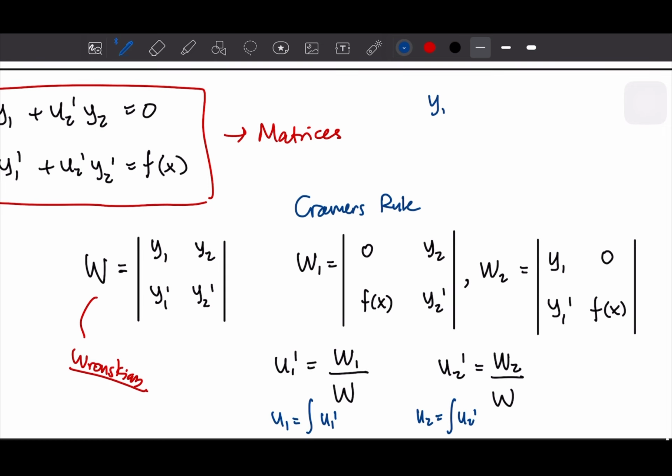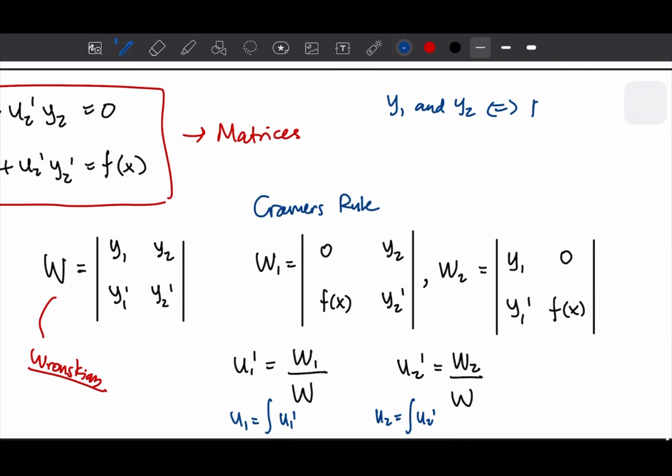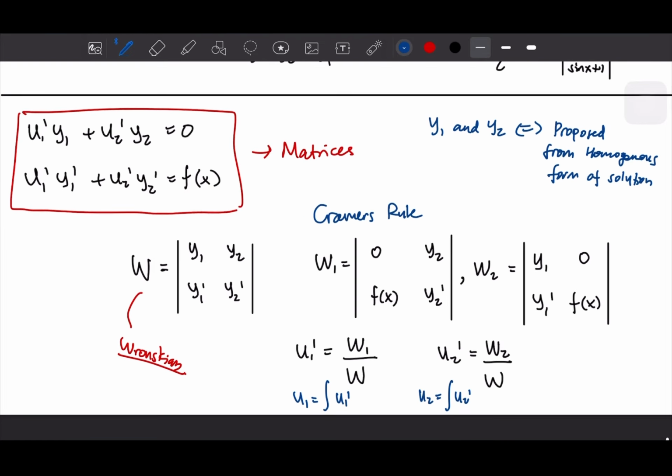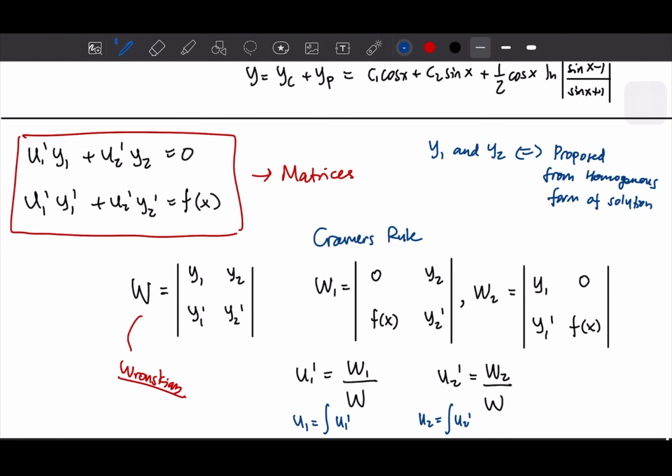And y1 and y2 come from the homogeneous form. Okay. Let me give you a quick example, just to show you the process. Maybe not completely work out how to find a solution, but just give you an idea.